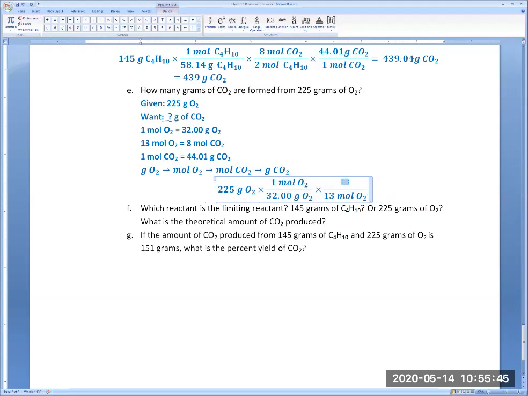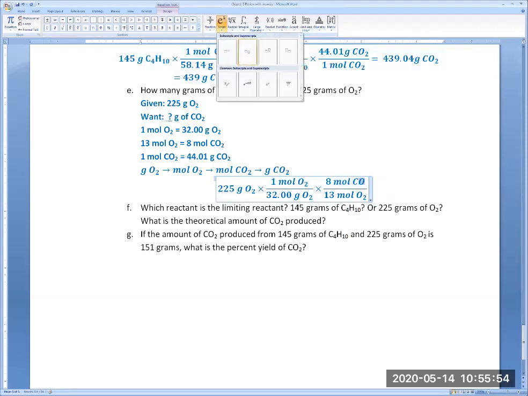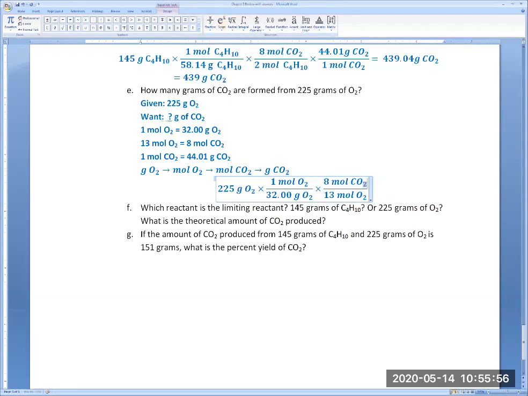And on top it's 8 moles of CO2. So here moles of O2 cancel, right? And you're left with moles of CO2.